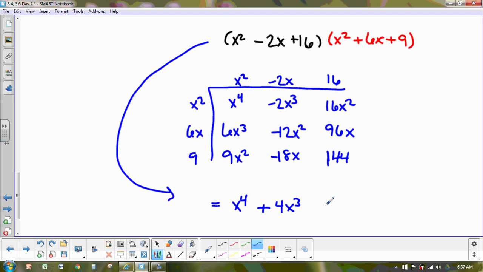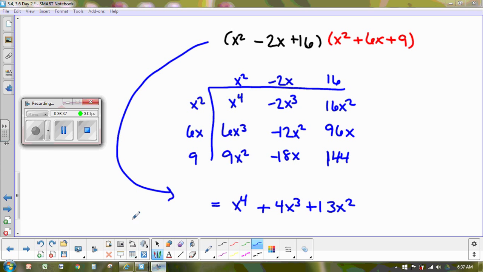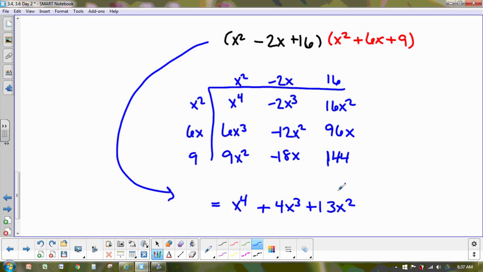Add up all your x squareds, 9 minus 12, so negative 3, and 16 minus 3 is 13, x squared. 96 minus 18, so plus 78x plus 144.